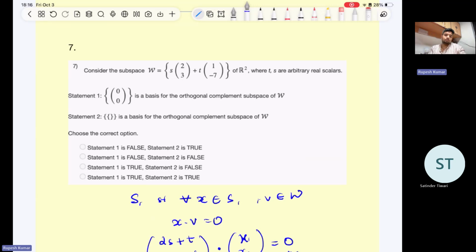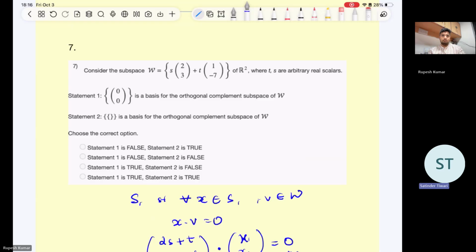Is this true? (0, 0) will be there in the orthogonal complement, but will it be a basis? What is the definition of a basis? With a basis, we can span the vector space.